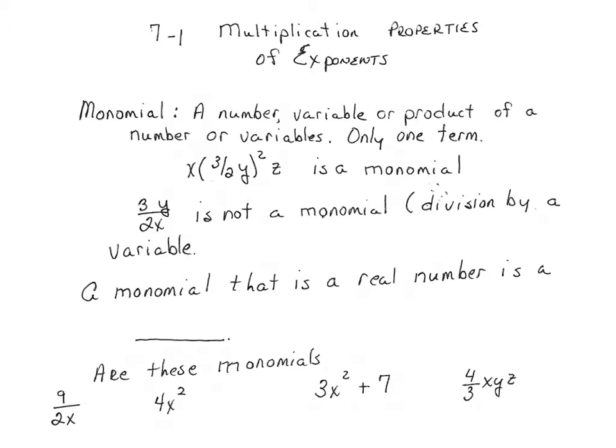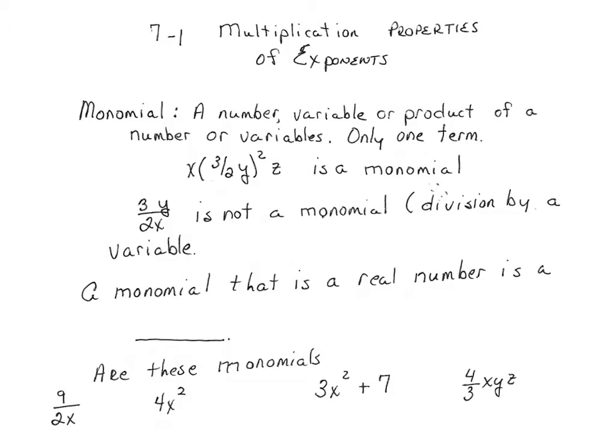Now, 3y over 2x is not a monomial because we're dividing by a variable. We do not divide by variables with a monomial. So with a monomial, the only application that's possible is multiplication or raising something to a power.